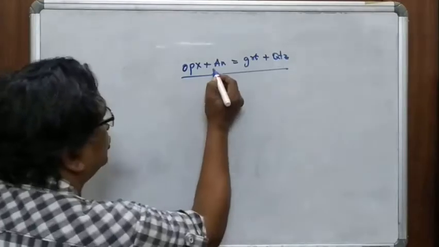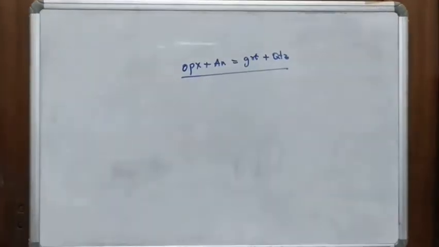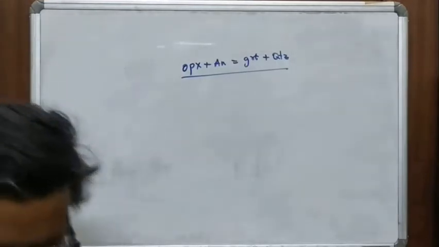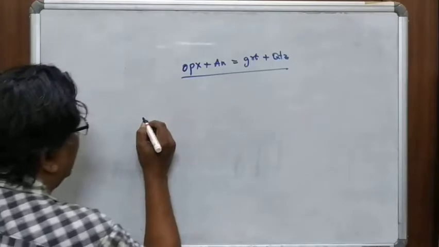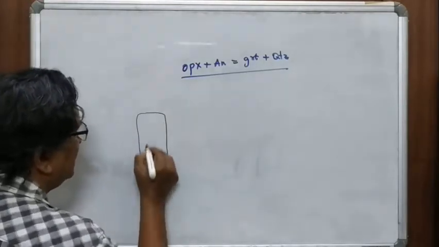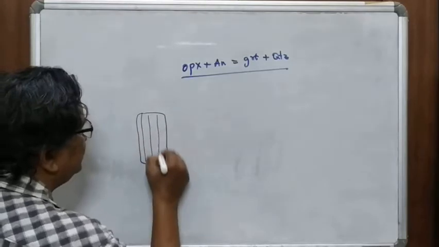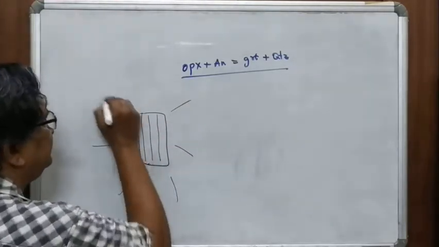Let us look at what happens to the plagioclase. Say, for example, this is an orthopyroxene crystal with this prismatic cleavage, and this is surrounded by, say, plagioclase.